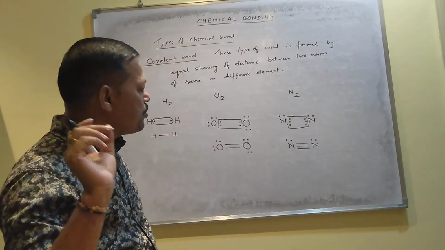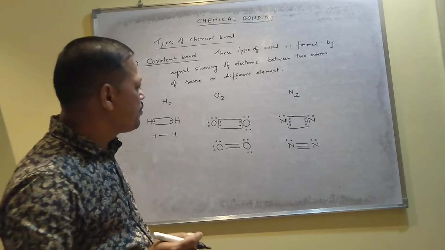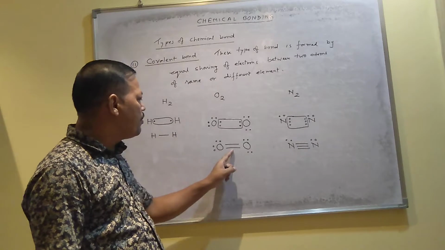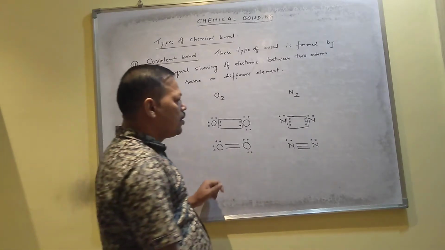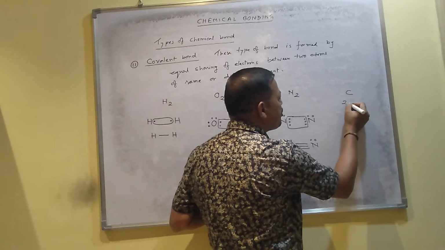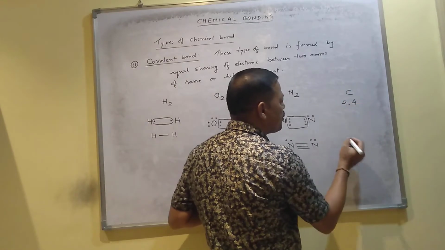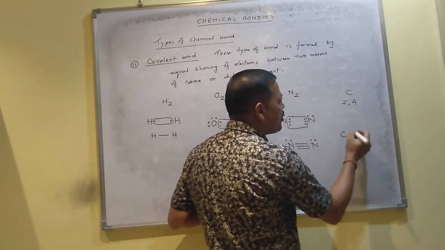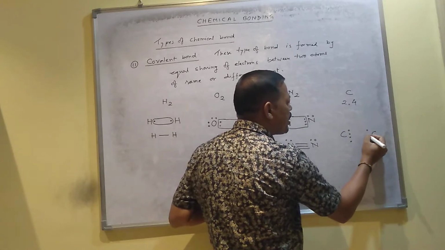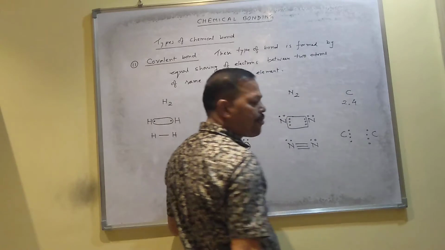So I want to ask you one question. A bond may be single, double, triple, so why can't it produce more? For example, if you consider carbon, its electronic configuration is 2, 4. So this is one carbon, it contains 4 electrons in the valence shell. This carbon also contains 4 electrons in the valence shell.